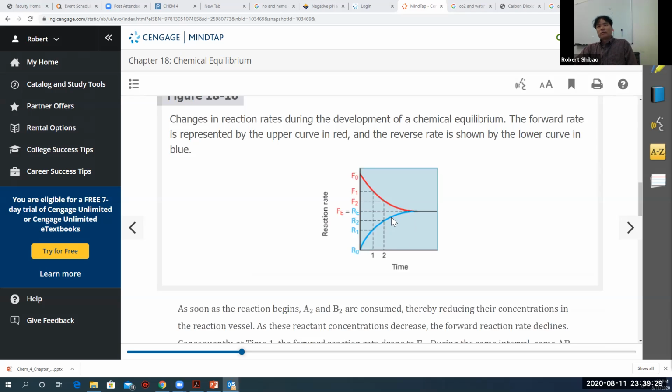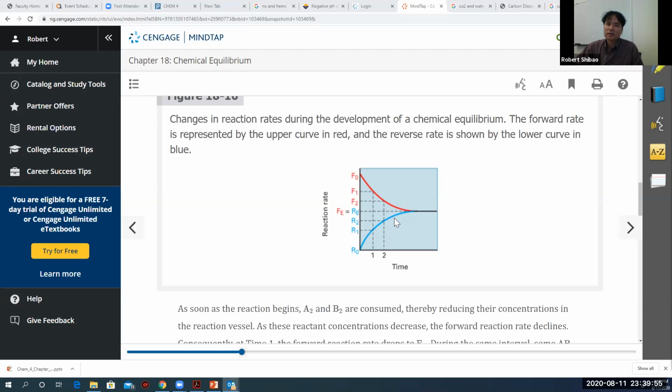We need time, of course, because the forward reaction takes place. As the forward reaction takes place, we consume the reactant, so reactant concentration is going down and the forward rate goes down.